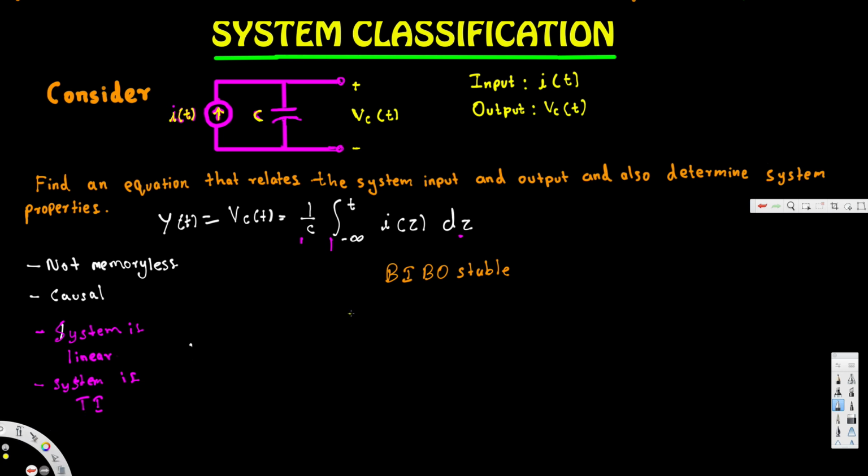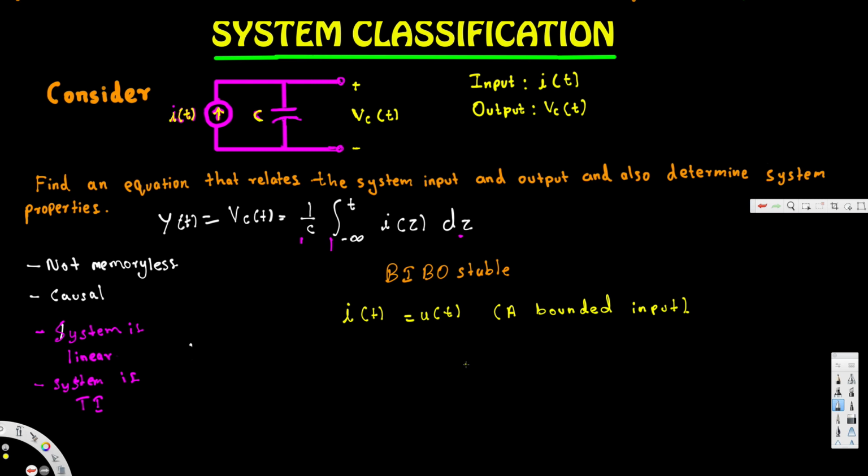First let's look at a bounded input. i of t is equal to u of t, a bounded input, and let's do the integration. If the output is bounded by a certain limit, it means this is BIBO stable.